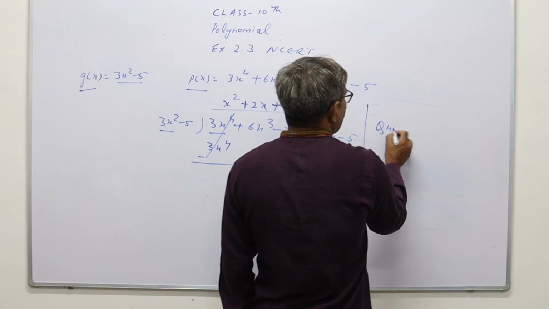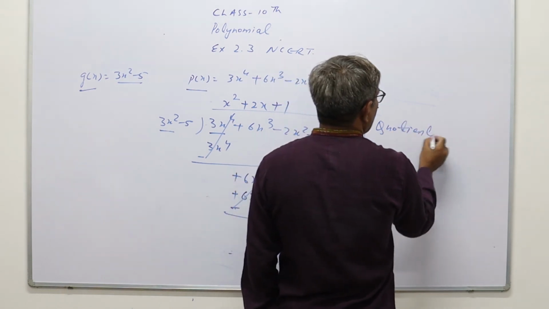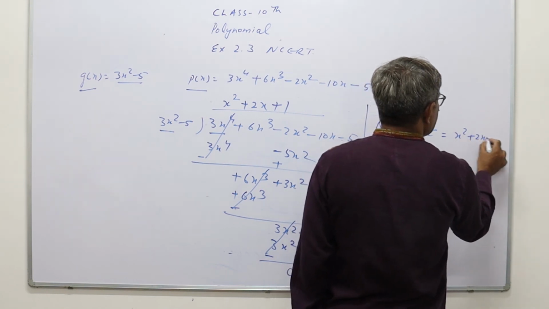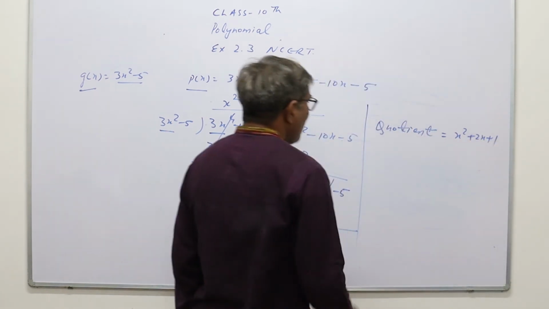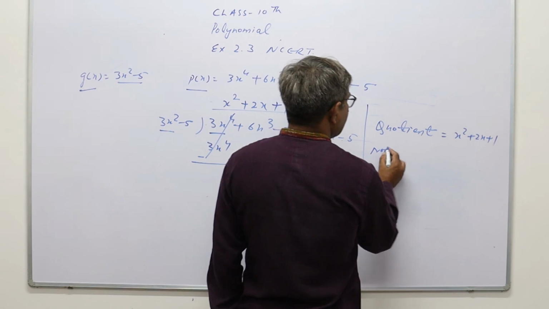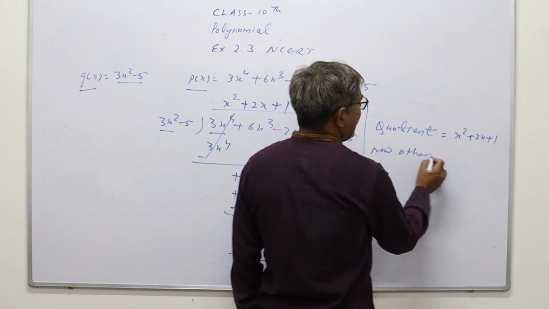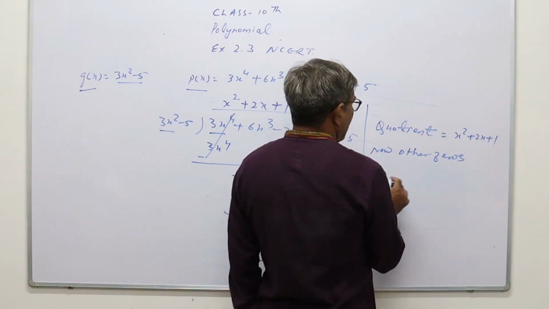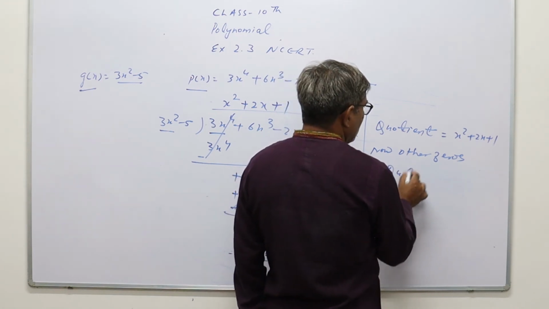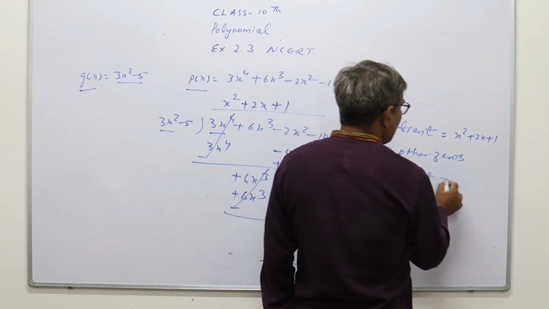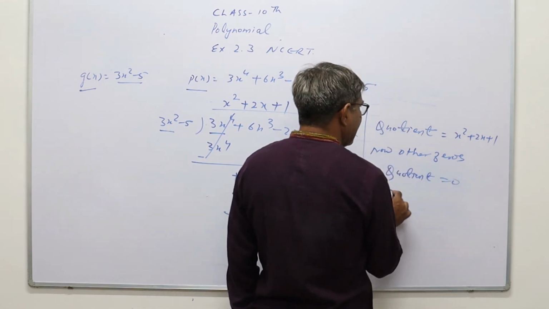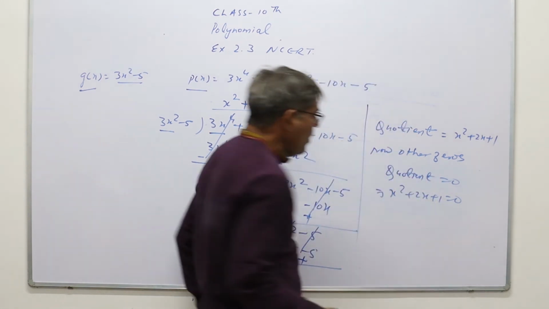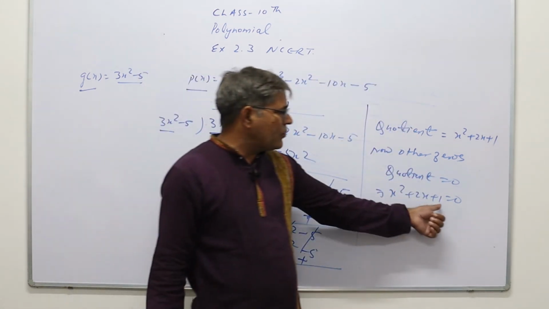Now here, the quotient equals x square plus 2x plus 1. Now for the other zeros, this quotient should equal 0, which implies x square plus 2x plus 1 should equal 0. Now see, what is x square plus 2x plus 1?